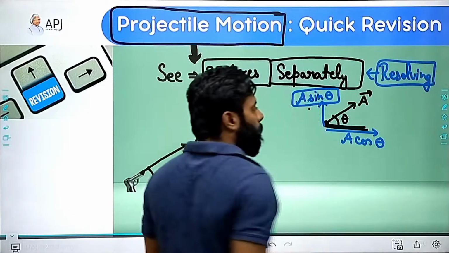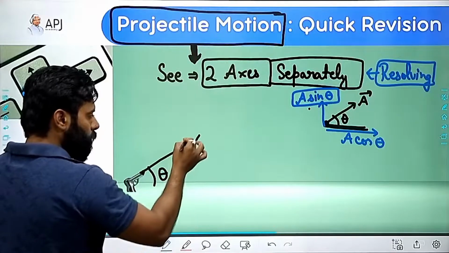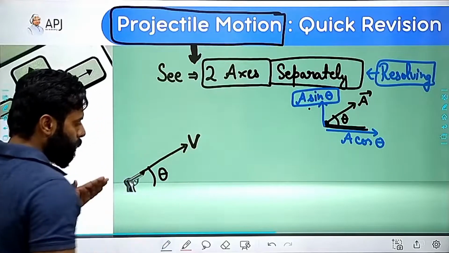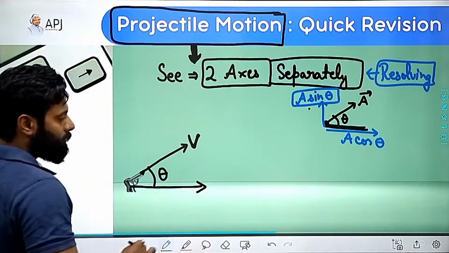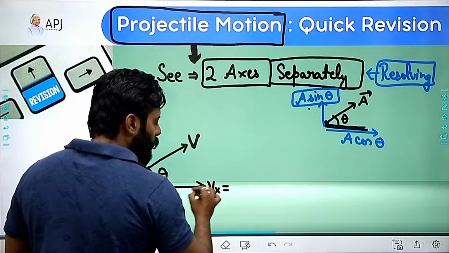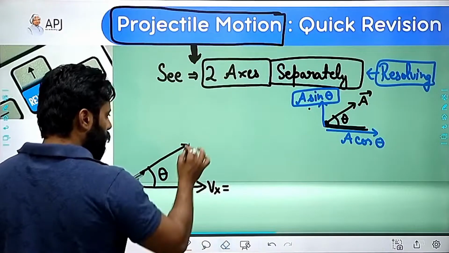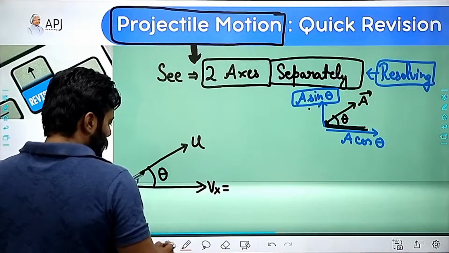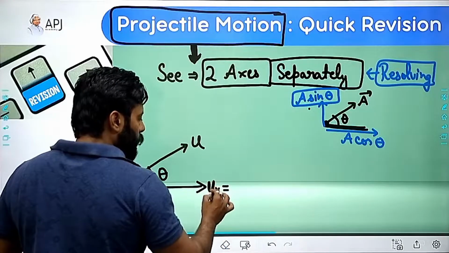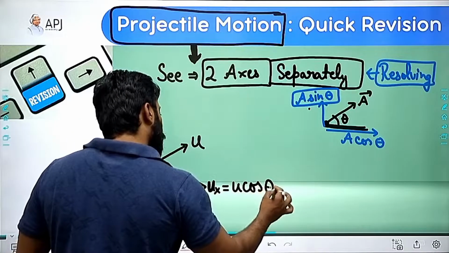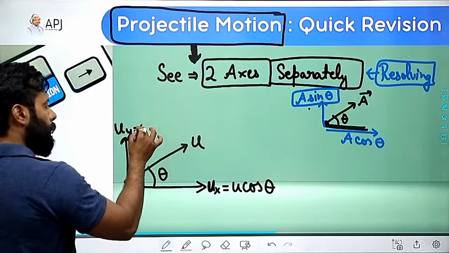Are you getting this? So if the object is projected with velocity u, then ux will be u cos theta and uy will be u sin theta.